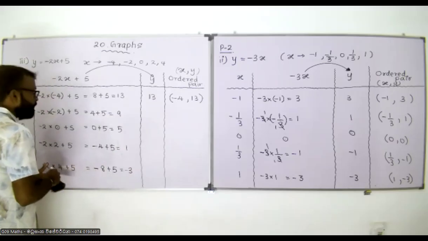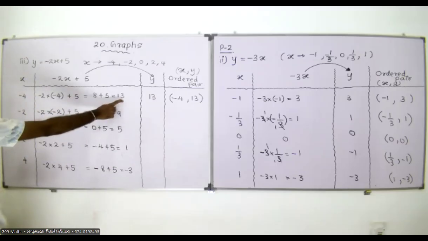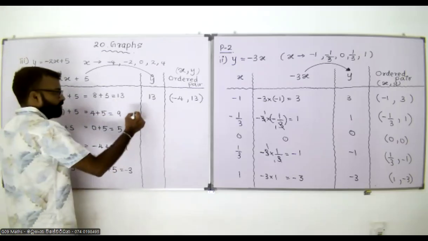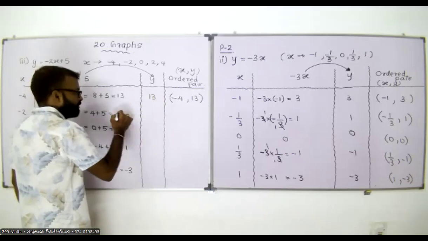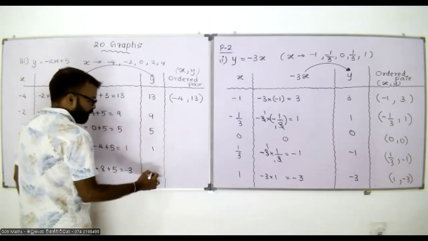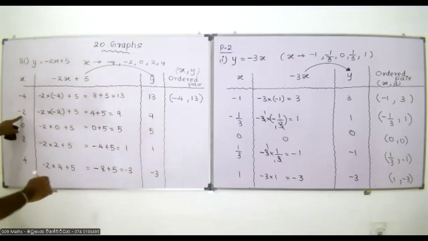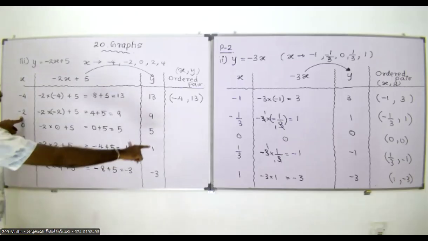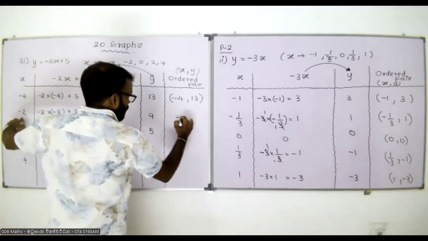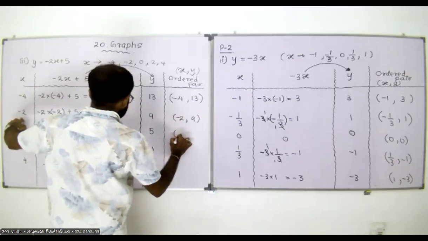So, this is then x value is negative 4, y value is 30, right? So, here y value is 9, y value is positive 5, positive 1, and negative 3. Right? So, here x value is negative 2, y positive 9, brackets.